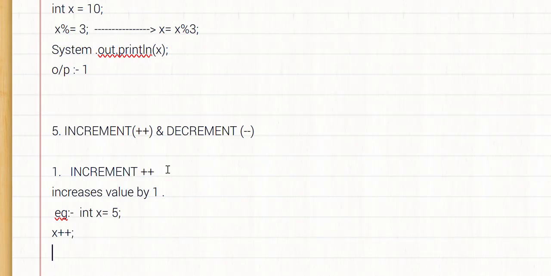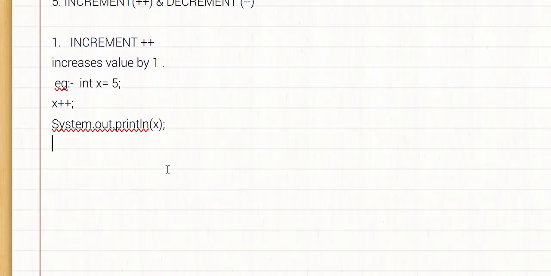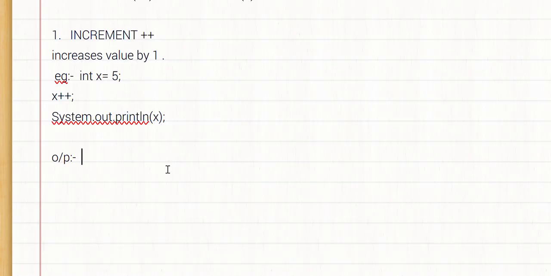This is how you have to write. Then printing the output, System.out.println of x, only single x. Now the output will be: x plus plus means the x value will be increased by 1, so x equals to 5 plus 1, it means 6, so the output will be 6.